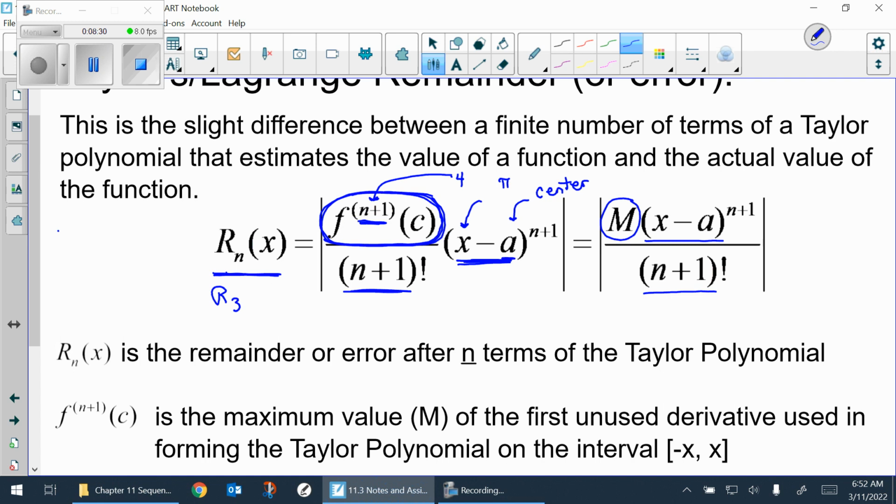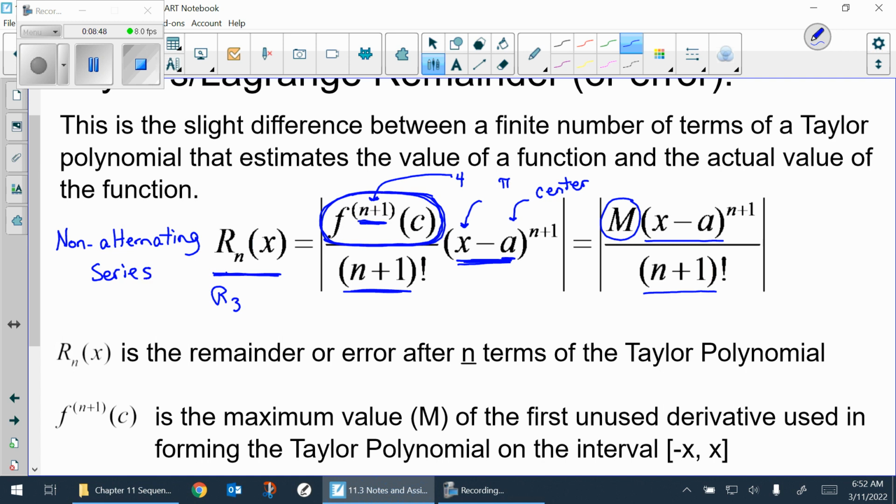And this is what we are going to use if we have a non-alternating series.